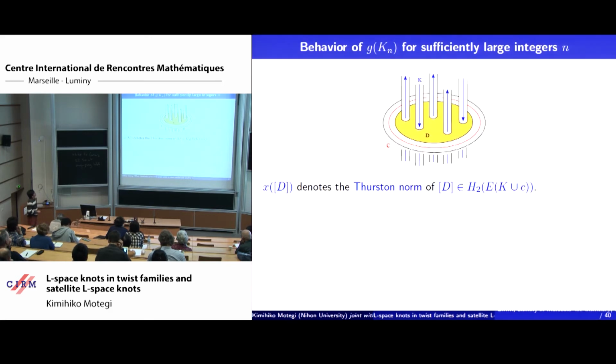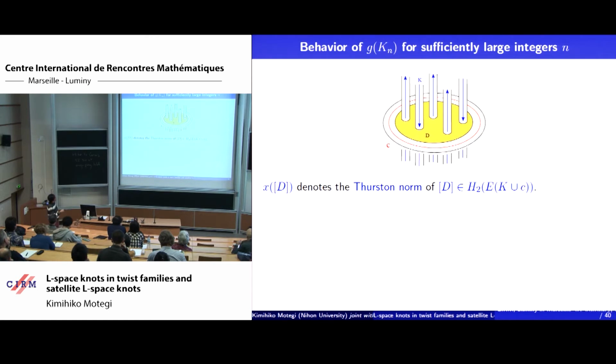Now we consider the behavior of the Seifert genus g of Kn for sufficiently large integers n. Here is a disk D bounded by the twisting circle C and punctured by the knot K. So D looks like a disk, but it is actually a punctured disk.